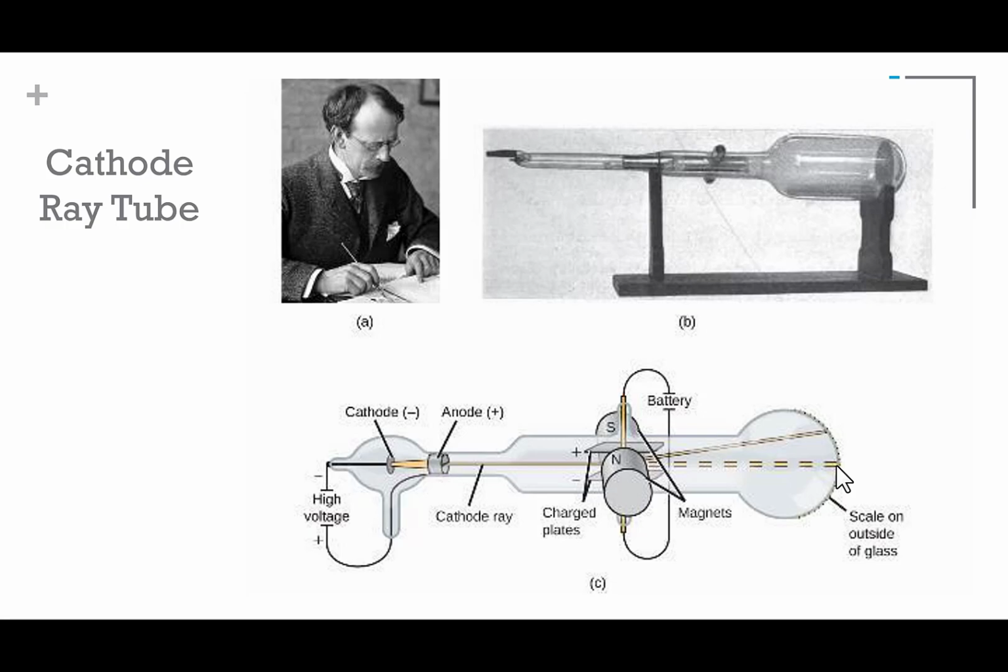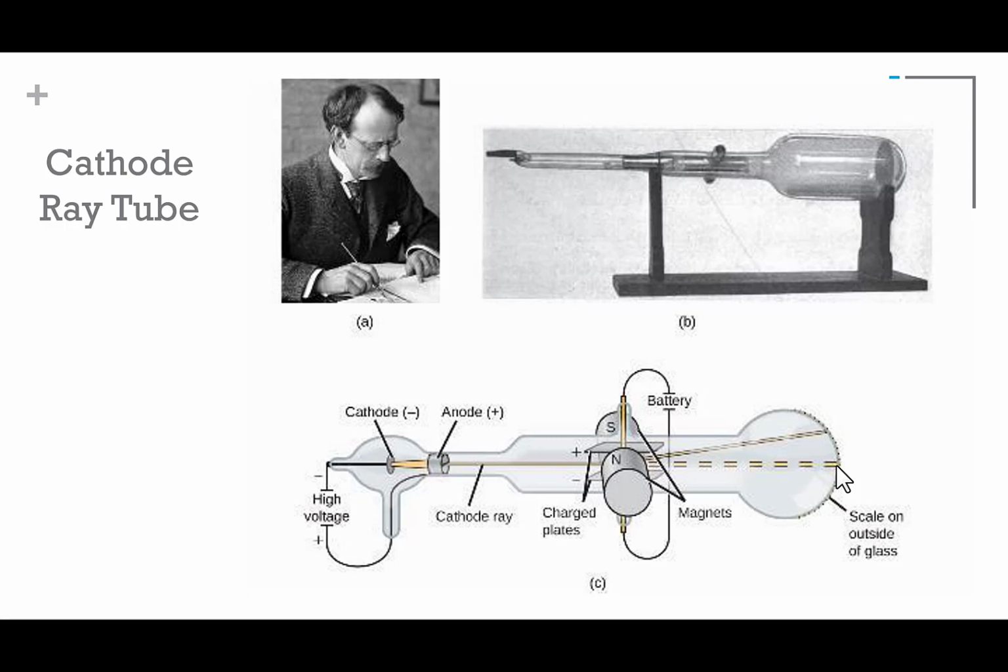And what they found is it did start moving. So they would introduce some sort of electric field or some sort of magnetic field. And what they found is that ray would be attracted towards a positive charge, and it would be repelled by a negative charge. So there must be something inside of that ray that is causing it to move.